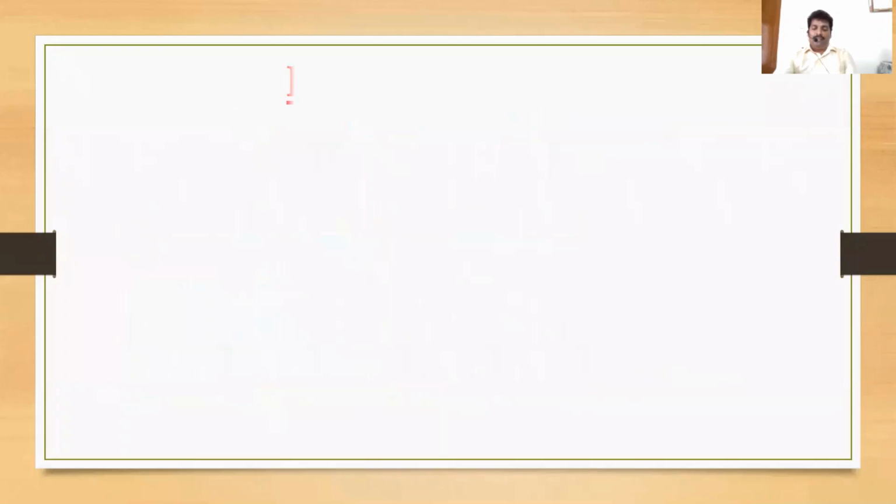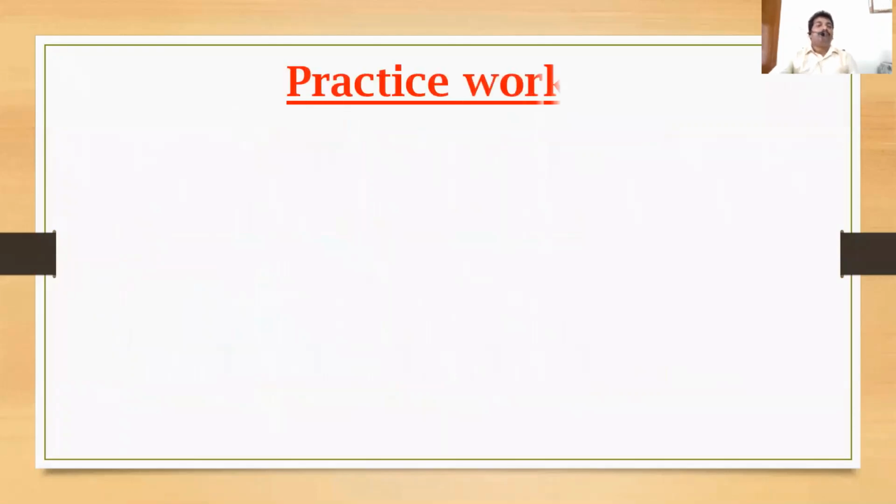Today's brain teaser question. Now the practice work is given for practice purposes. So before going to the practice work, today's brain teaser: 4 letters and 4 addressed envelopes are given to you. How many ways can we put all the letters such that exactly one letter goes into the wrong envelope, or an envelope not meant for it?